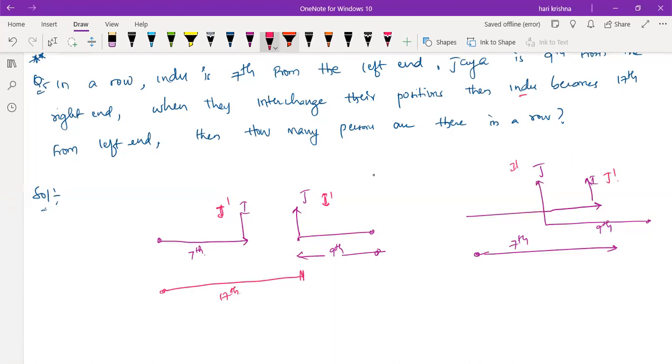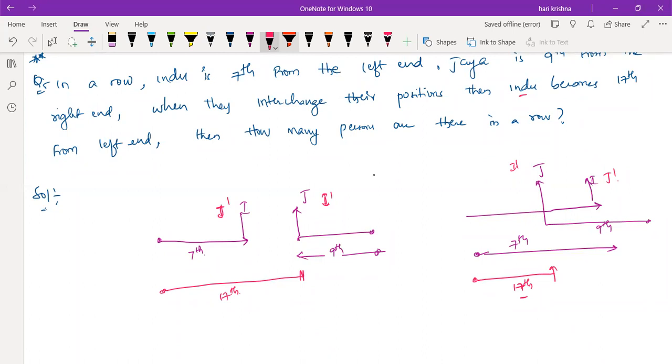But in the new position, whether Indu is 17th from the left hand, is it correct? Initially it is 7th from the left hand, right? Again you are moving to the left side only, and it becomes 17th. Is it the correct way? Understand the difference here. Initially Indu's position is 7th from the left hand.